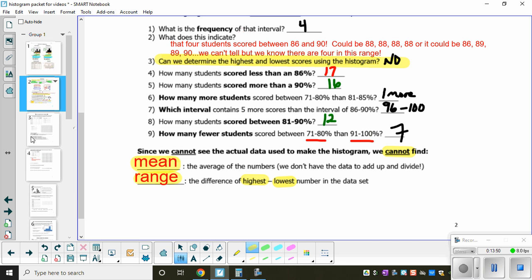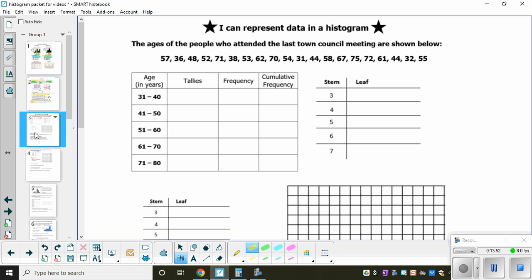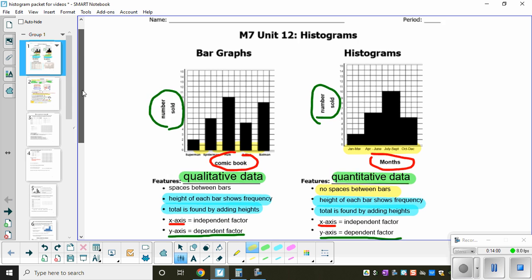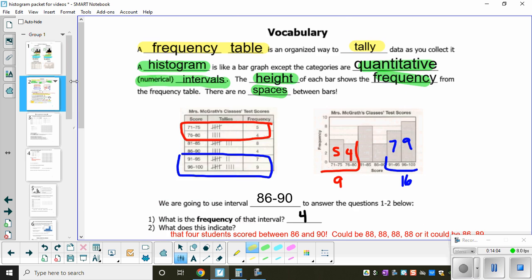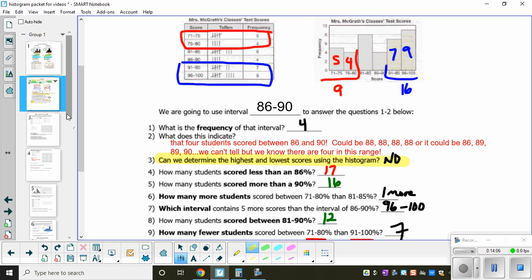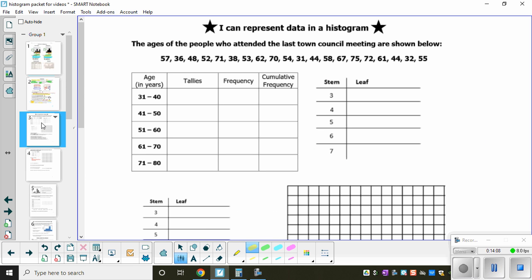Now, when we flip over, we're going to start to learn how to represent the data in the histogram. So all I've done so far on the first couple of pages is give you the ins and outs of what we can look at and what kind of information we can get from the histograms. And now we're going to learn together how to build the histograms.